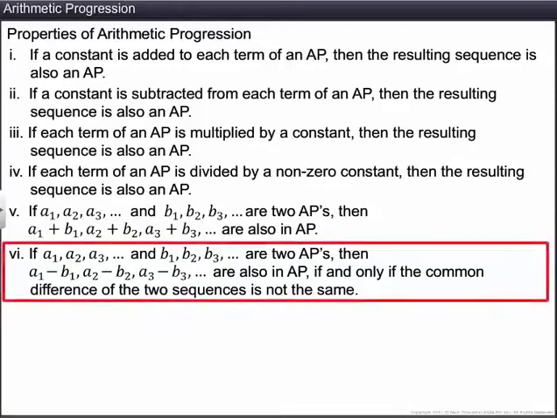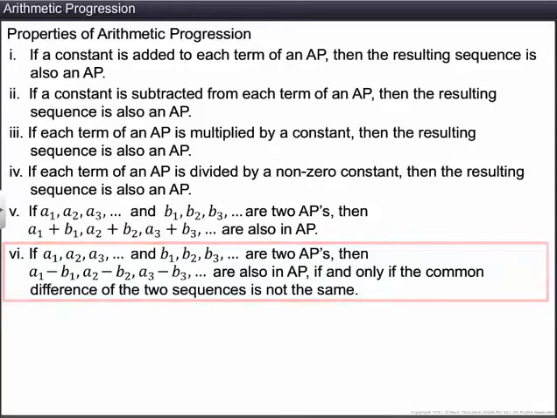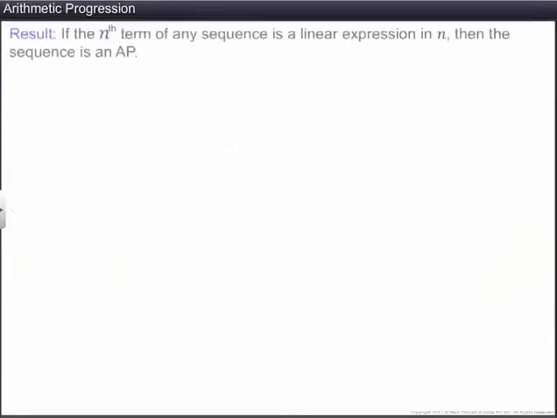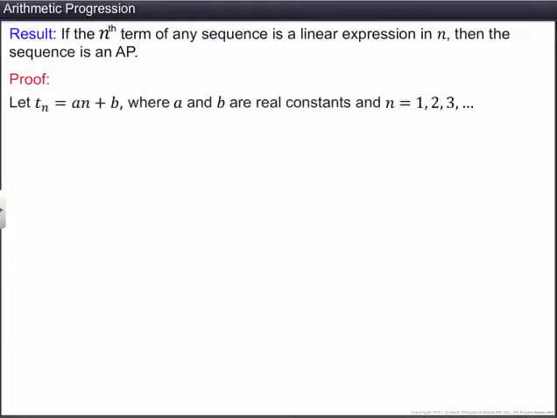Let us now prove one more result. That is, if the nth term of any sequence is a linear expression in n, then the sequence is an arithmetic progression. Let the nth term of the sequence be equal to an plus b, where a and b are real constants and n is equal to 1, 2, 3 and so on.